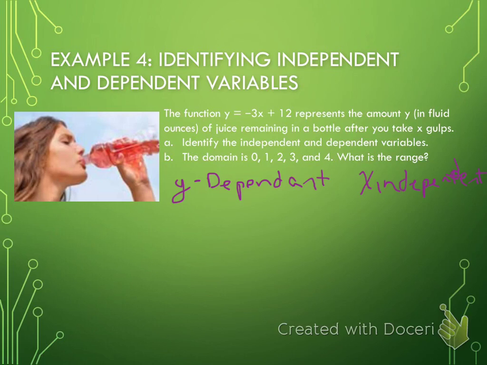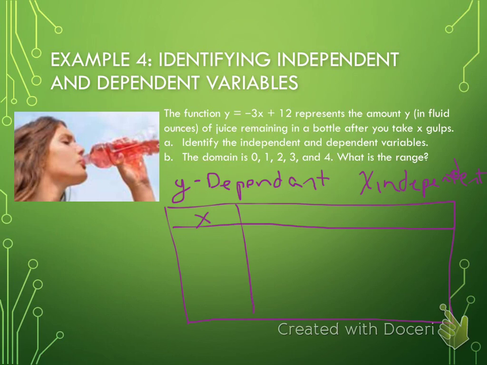Okay, so now part B says the domain is 0, 1, 2, 3, and 4. What is the range? So what I would do here is just make a chart. I'm going to put my x value, or input, here.